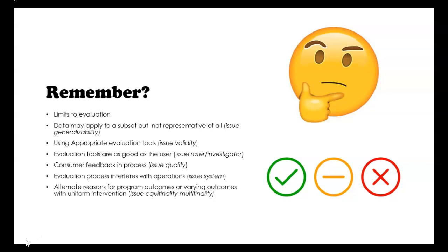Now, using that same example with equifinality, think about social workers in an agency using attachment based therapy, right? And they're using cognitive behavioral therapy, and they're evaluating the outcome, and they're noticing that all the clients are progressing well, right?